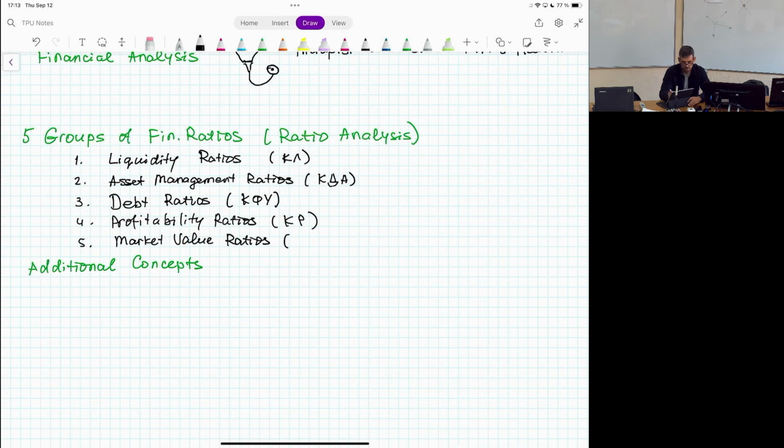Market value ratios – это коэффициенты рыночной стоимости. Коэффициенты рыночной стоимости. Okay, so this is what we will slowly study throughout the semester.